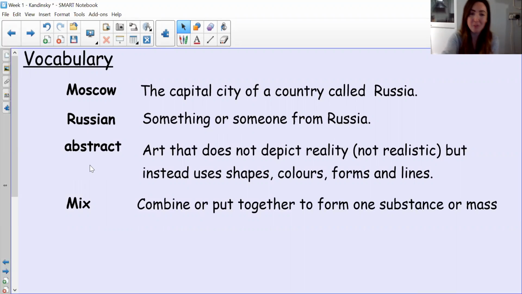Abstract is art that does not depict reality, so it's not realistic, but instead uses shapes, colours, forms, and lines. And mix means combine or put together to form one substance or mass. So mix and paint means you combine them, put them together to form one colour.